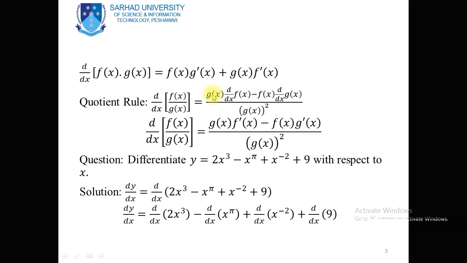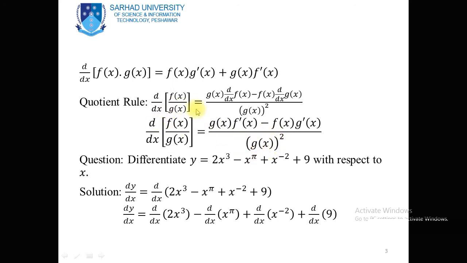So first function into derivative of second function minus second function into derivative of first function, divided by the square of the first function. If we consider g as the first function, then this is actually the quotient rule. If g is the first function and f is the second function, then first into derivative of second minus second into derivative of first, divided by the square of the first function.